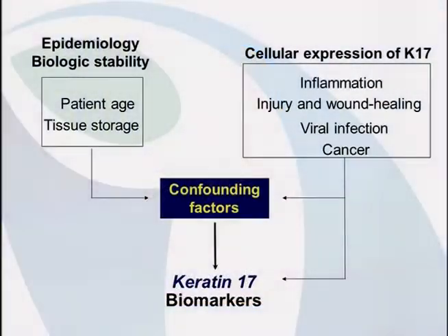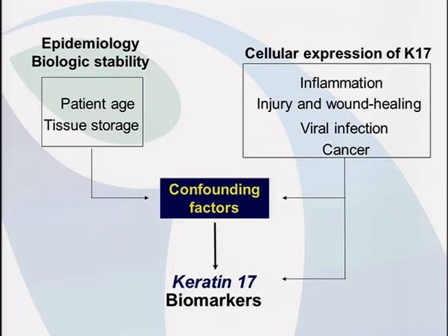One of the most important aspects when you're trying to identify and validate a new biomarker is to identify those potential factors that could modulate the expression of the protein, which we refer to as confounding factors.